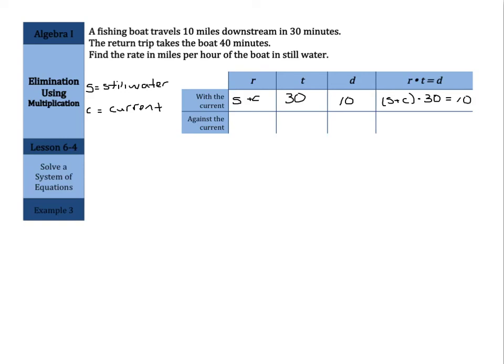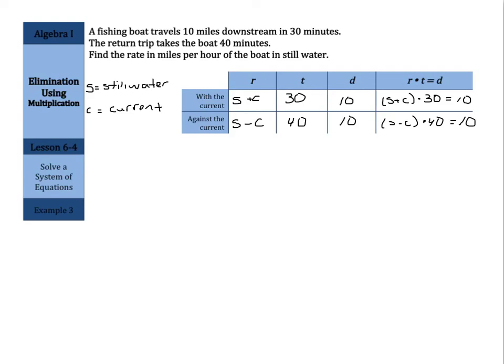Now, what about against the current? Well, it would be our speed in still water, s, minus the current, since we're going against the current. My time here was 40 minutes, and my distance was the same 10 miles. So to write this as rate times time equals distance, we would have s minus c, my rate, times my time, 40, is going to equal my distance of 10.